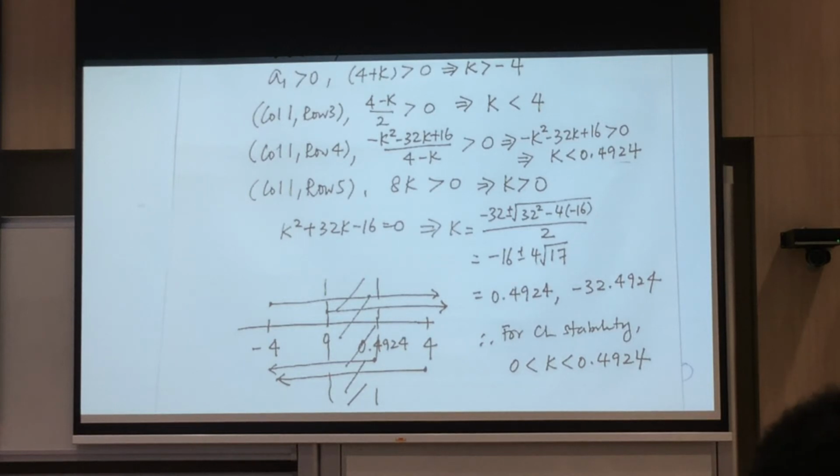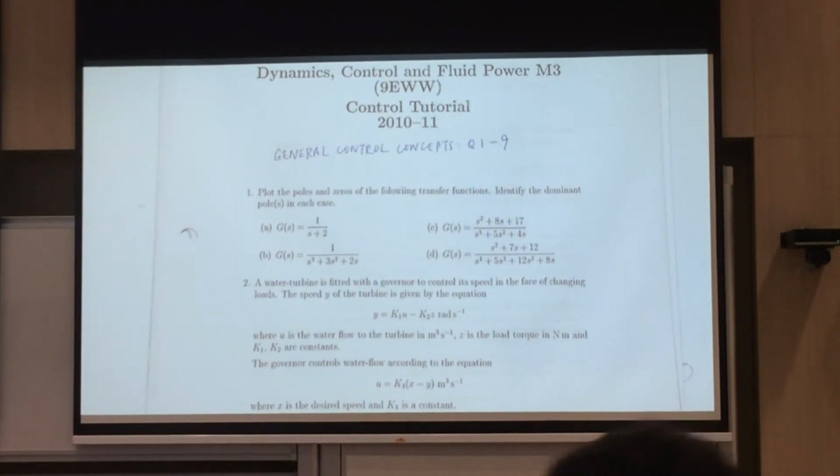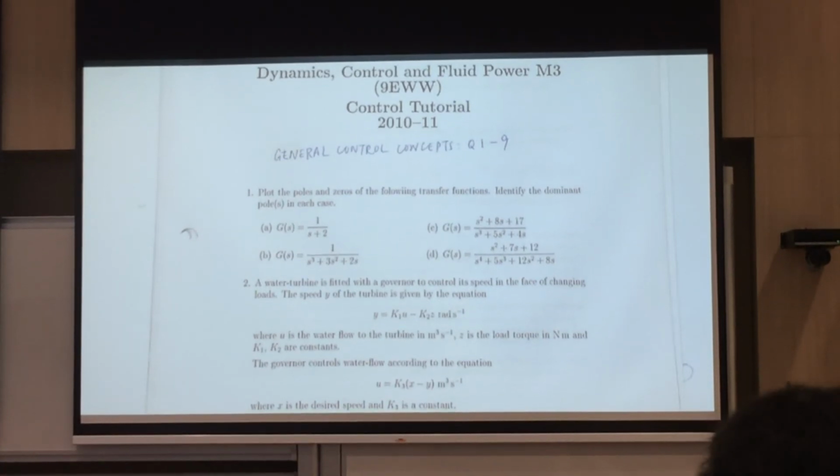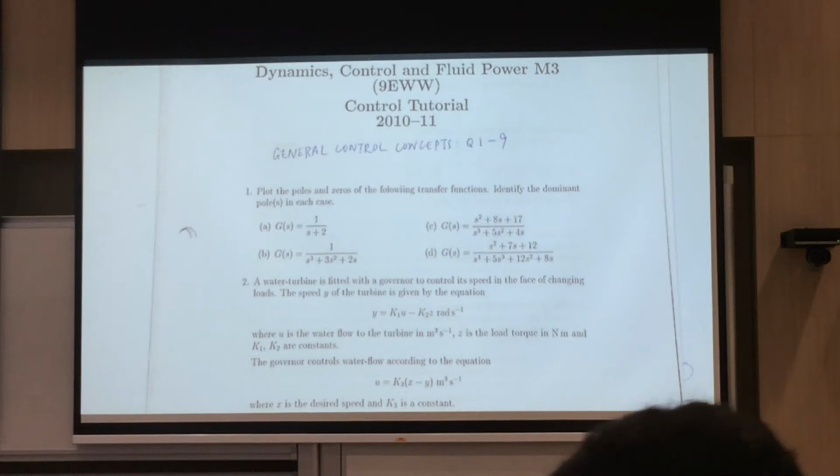Alright, as I said in the last lecture, there are a set of tutorial questions which should be in your notes. If not, download from below. Altogether you have all the tutorial questions for the whole course.